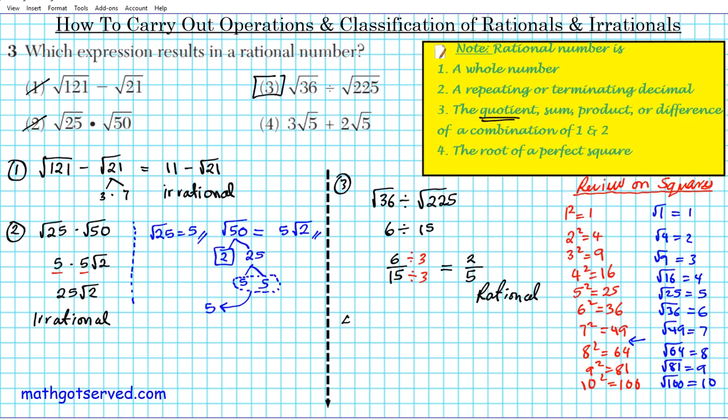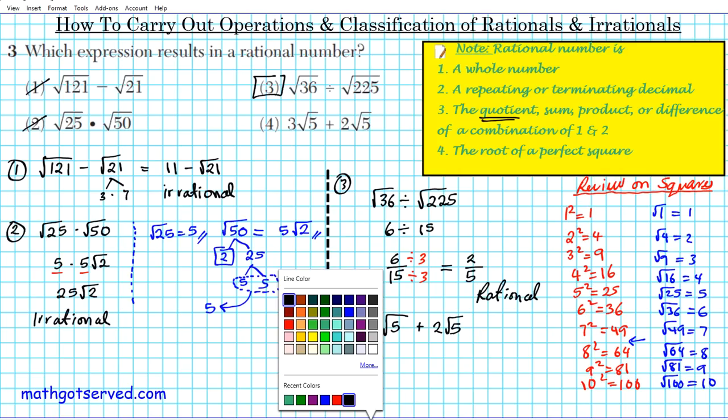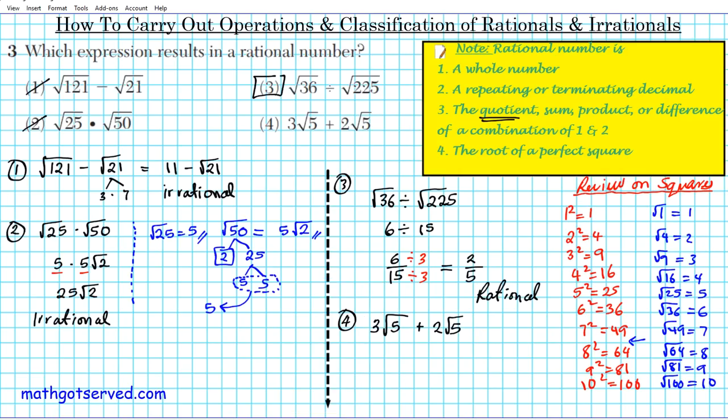Okay, let's just take a look at number 4 just to make sure. We want to find the sum of two irrational numbers, 3 root 5 plus 2 root 5. In this case, think about this for a second. What do you get when you add 3x plus 2x? You just simply add the coefficients, and you get 5x. Well, the same applies here.